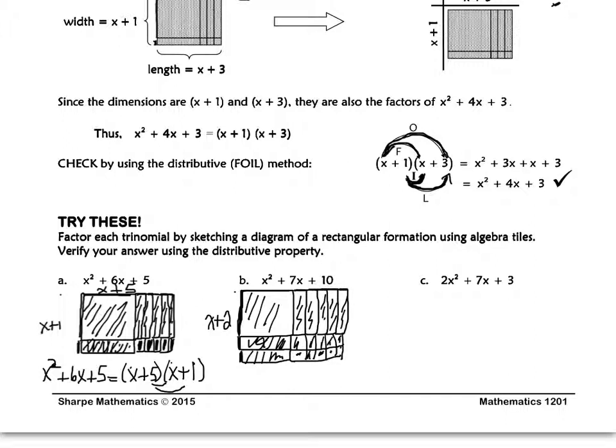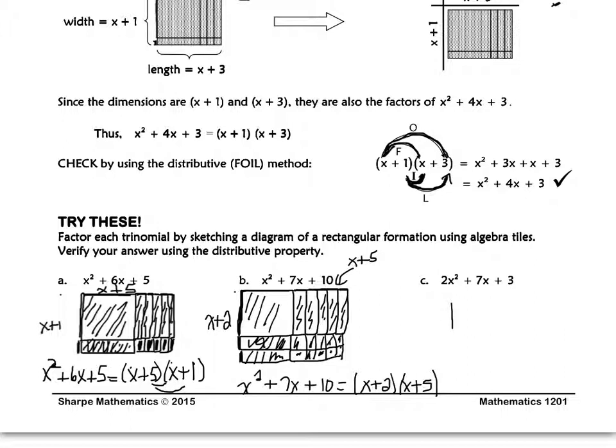So x plus 5 would be the other piece. Should have moved that down a little bit. So therefore, x squared plus 7x plus 10 would equal x plus 2 by x plus 5. And it doesn't matter if we put the x plus 5 first and the x plus 2 second, or vice versa. And the last one there, you've got 2x squareds.